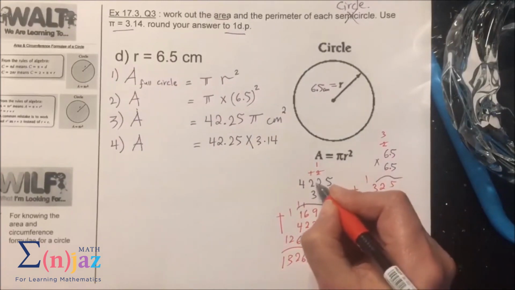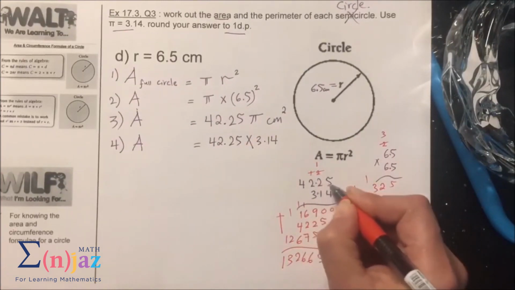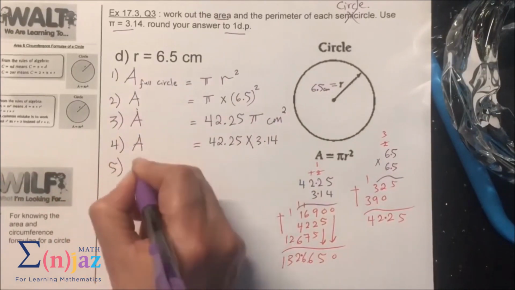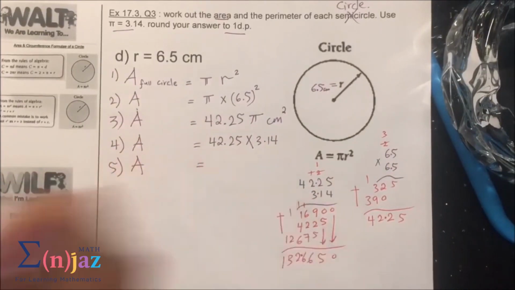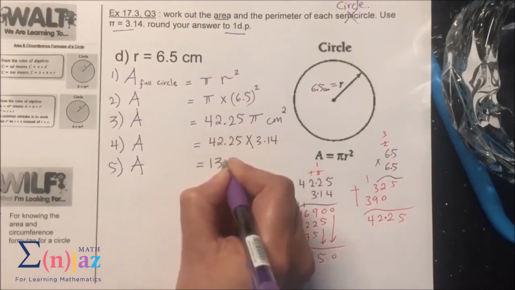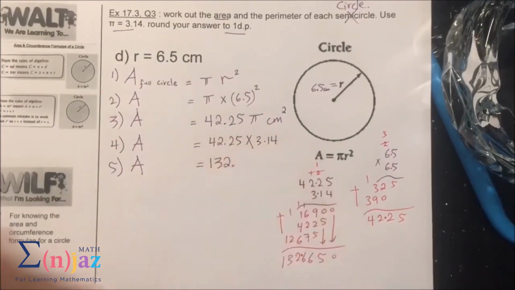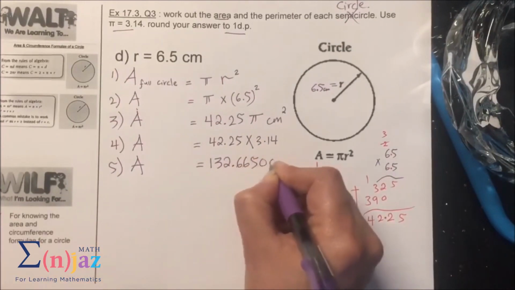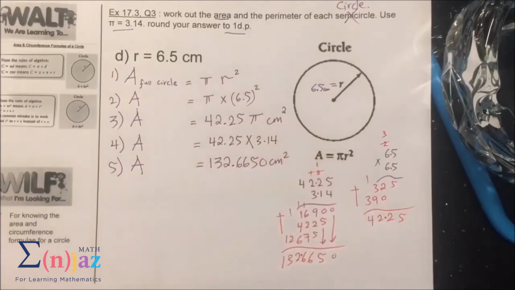We have a decimal here and a decimal here. 1, 2, 3, 4, 1, 2, 3, 4, and the final answer for the area of the circle is 132.6650 centimeters squared.